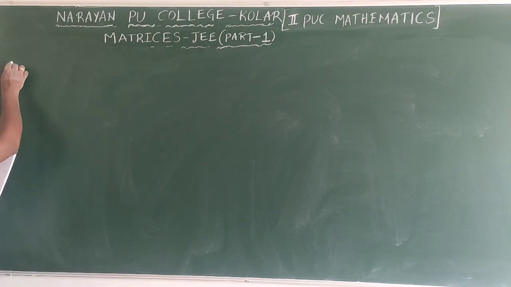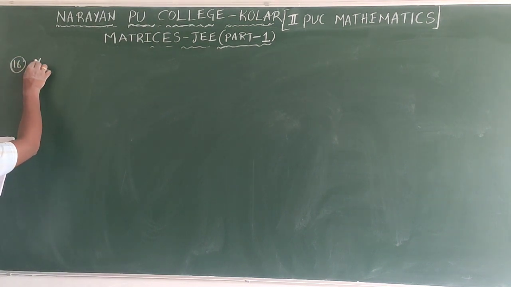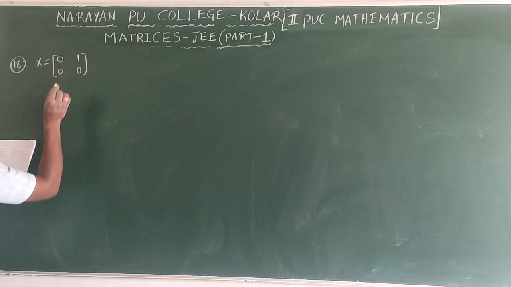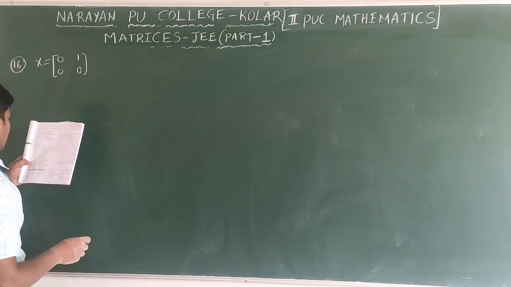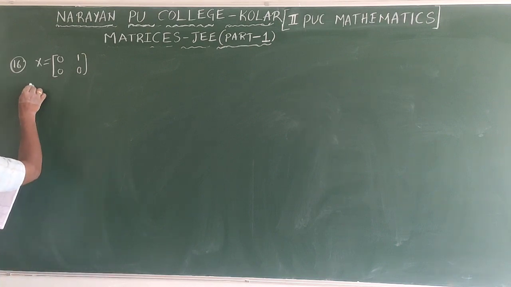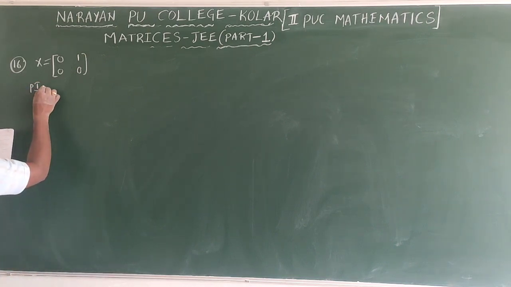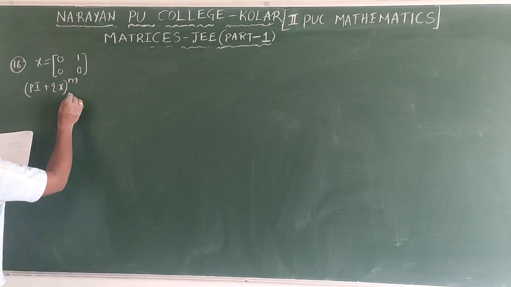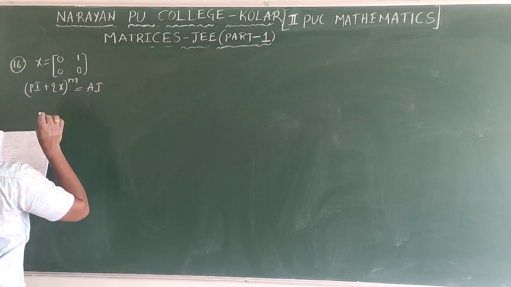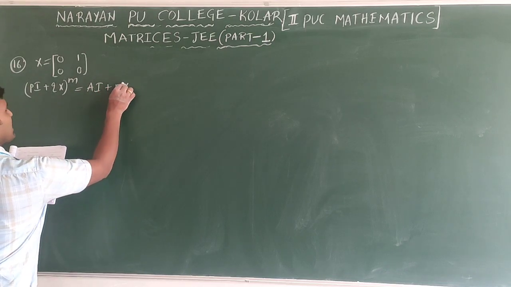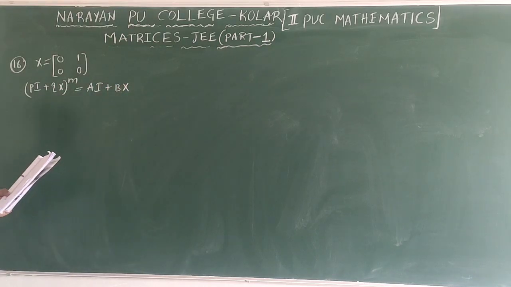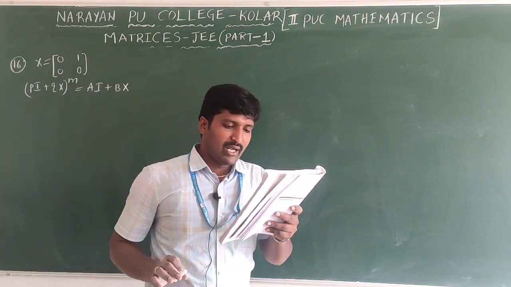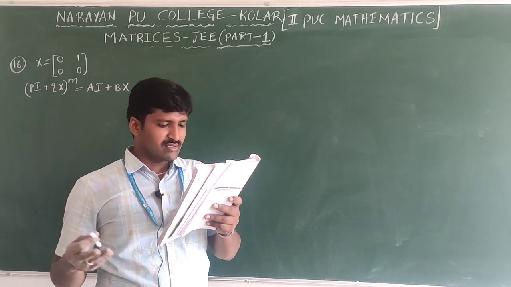Next, the 16th one. They gave X matrix 0, 1, 0, 0. They gave an equation like this: (small p into I plus small q into X) whole power m equal to A I plus B X, for all p comma q real numbers, where A and B are scalars, and I is a two-rowed unit matrix, that means identity matrix.